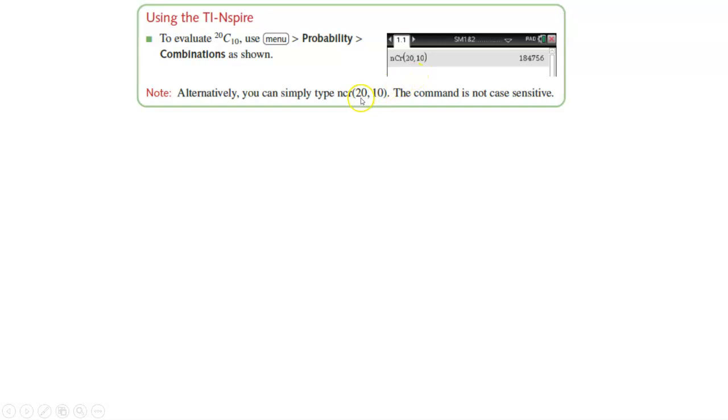What you can also do, which is quicker, is you can just type the letters nCr and then brackets, in this case 20, 10, and it will understand what you're telling it to do.